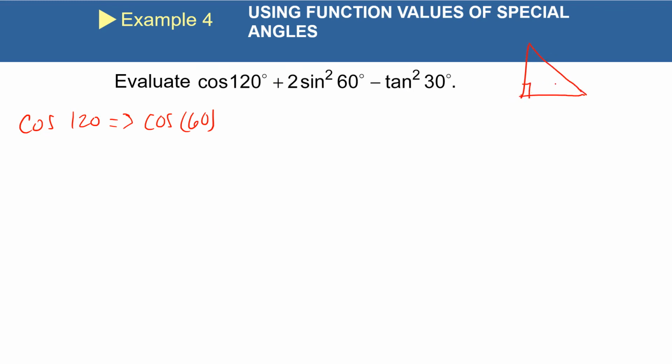Keep your triangle in mind. 30, 60. You have 1, square root of 3, and 2. So what is the cosine of 60? Cosine, adjacent over hypotenuse. 1/2.